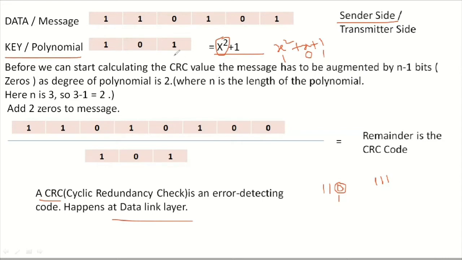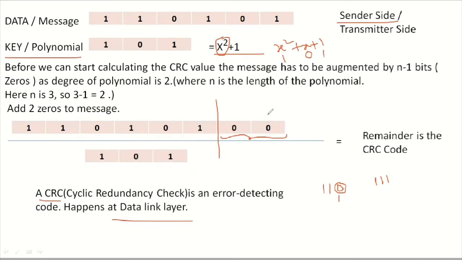Before we start calculating the CRC value, the message has to be augmented. So this is the original message, 110101. Till here it is the original message. To this message, we have augmented 2 bits. Why did we add 2 bits?